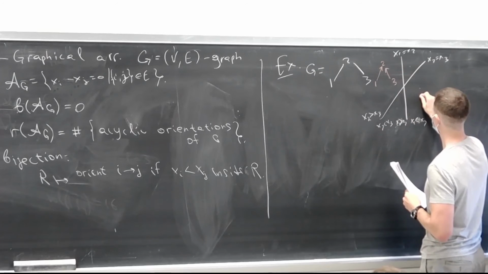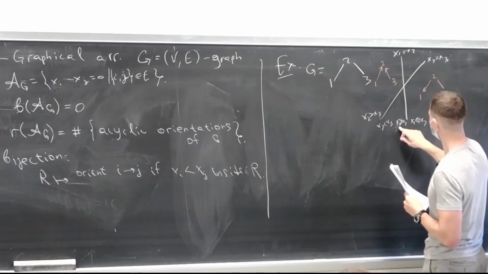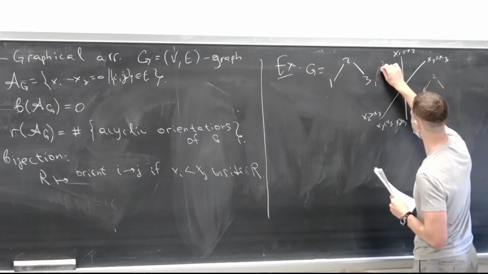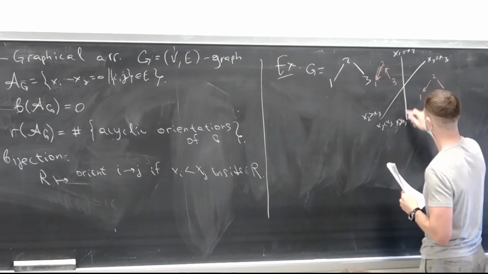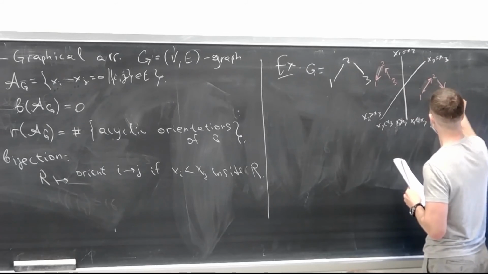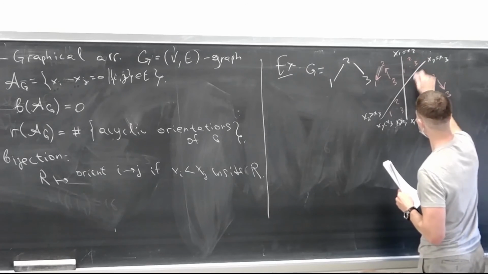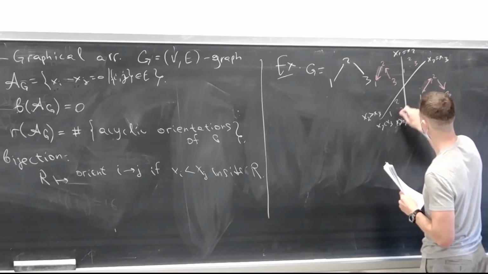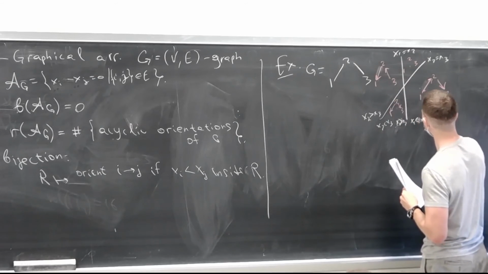Similarly here, 1 is less than 2. Okay, 1 is bigger than 2, so 2, 1. And here it's the other way around. And here it's the remaining. Here x2 is less than x3, and x1 is still 2.